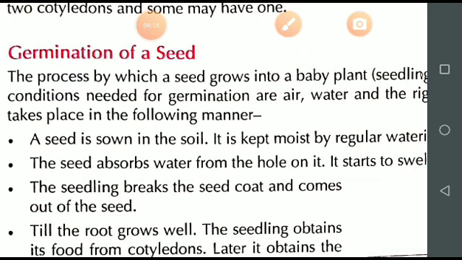The seed contains a small baby plant called an embryo. So what is inside the seed? A baby plant, and this baby plant is called an embryo. Now student, let's sow the seed.